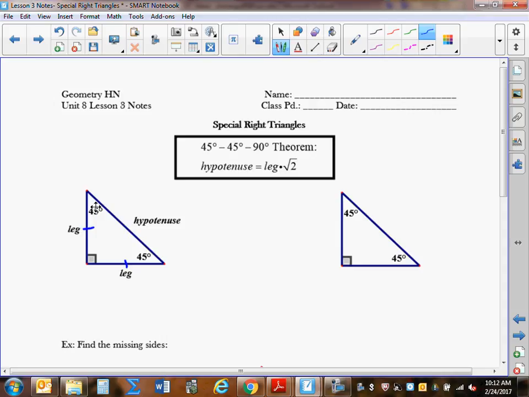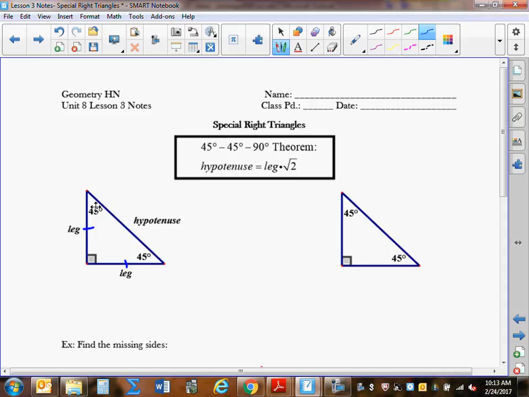Remember, in a right triangle, we have two legs. That's what makes up your right angle. And then the hypotenuse is the longest side, the side opposite of the right angle. For every single 45-45-90 triangle, the hypotenuse measurement is equal to whatever the leg is times the square root of 2.